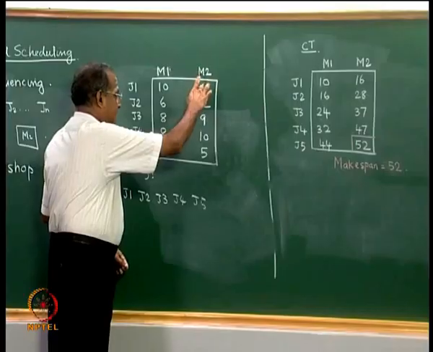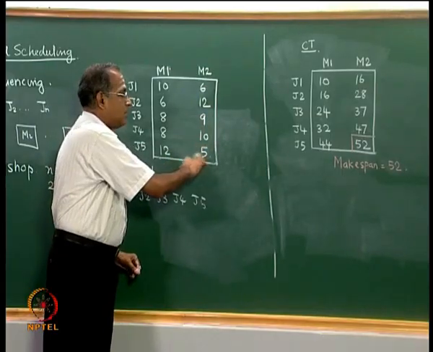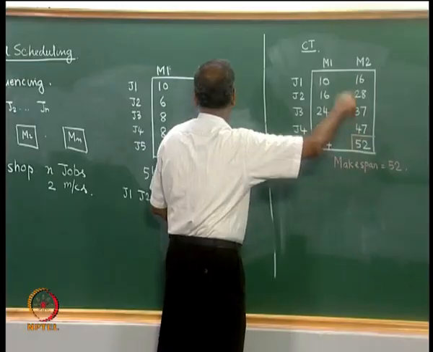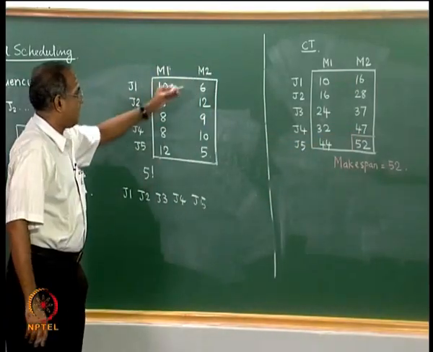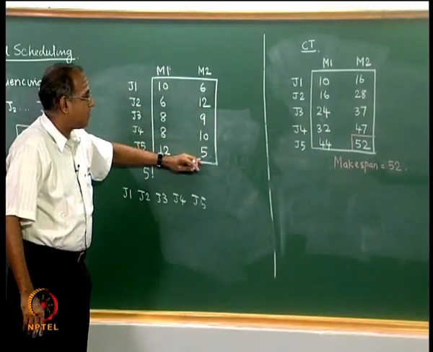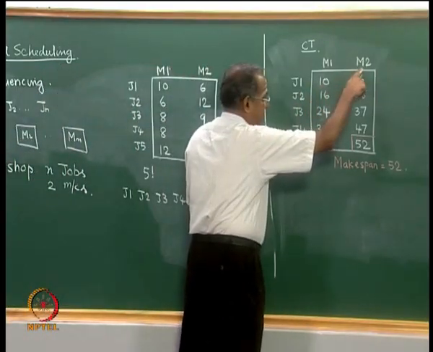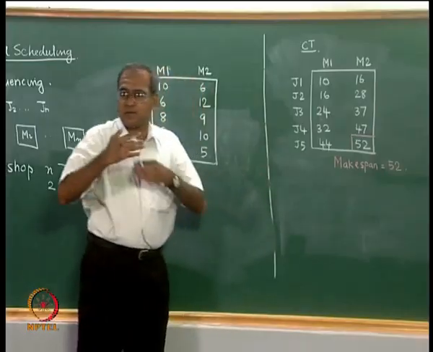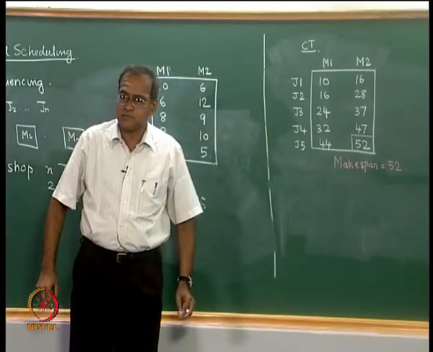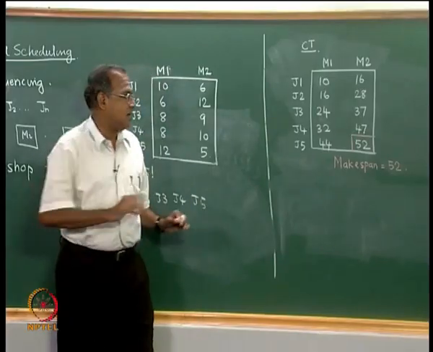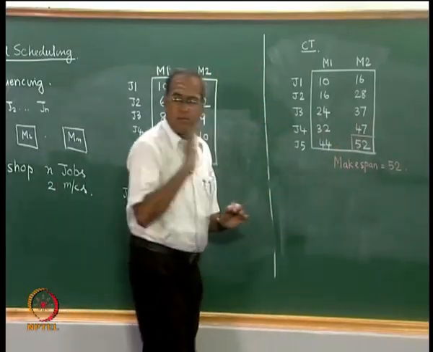Now, we look at this: 18, 27, 37 plus 5 is 42, plus the other 10 was 52. But it started at 10, and 10 plus 42 is 52. M2 also was not idle.